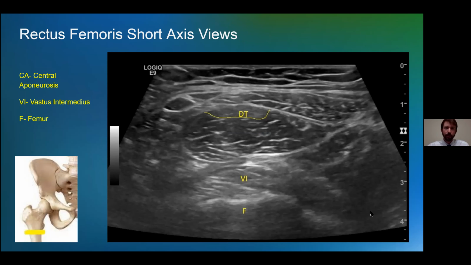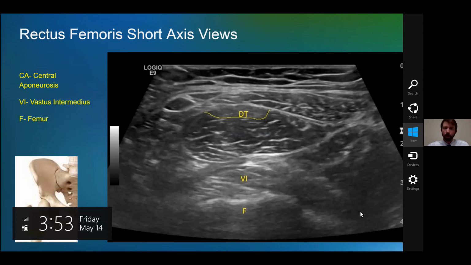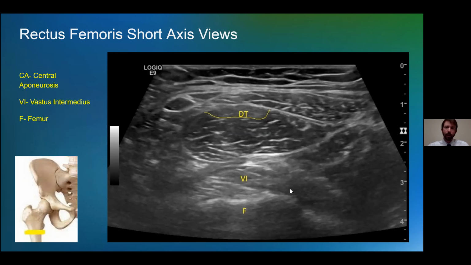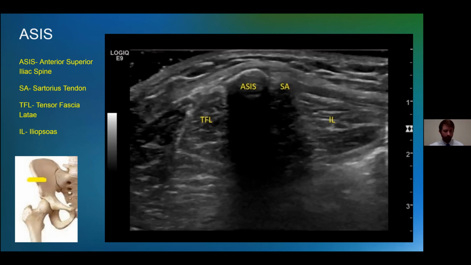And then you'll note the flattening of the tendon at this point is the direct tendon here. So this hyperechoic structure as we move more superiorly. So fortunately for our patient, we didn't see any fluid collections, any hypoechoic areas that would suggest muscle tearing.